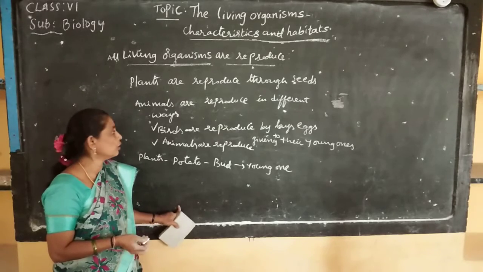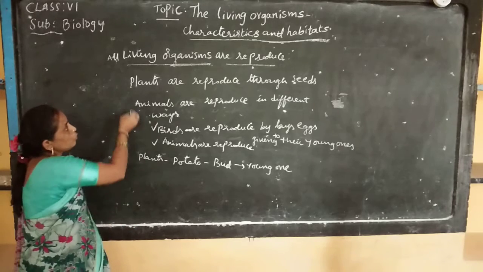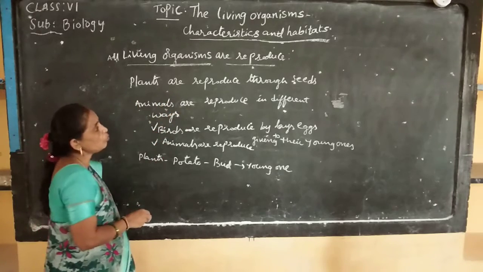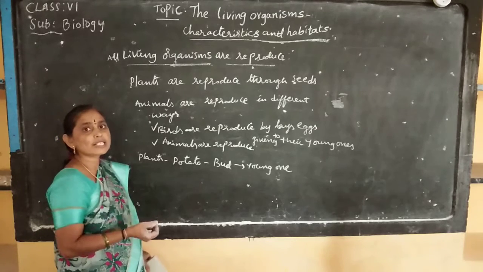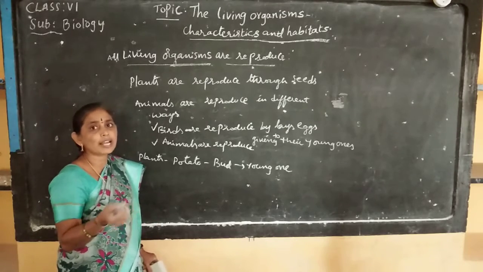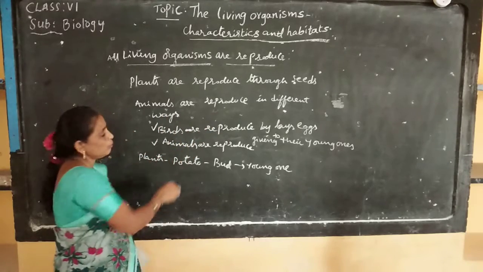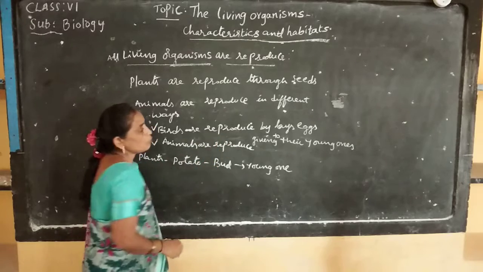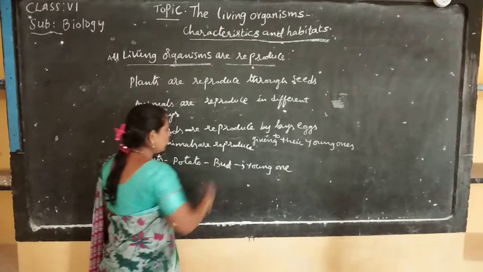This is about how all living organisms reproduce. Plants are reproduced through seeds. Some plants reproduce from their vegetative parts like leaves, roots, and stems. Animals reproduce in different ways. Birds reproduce by laying eggs. Animals reproduce by giving birth to their young ones.